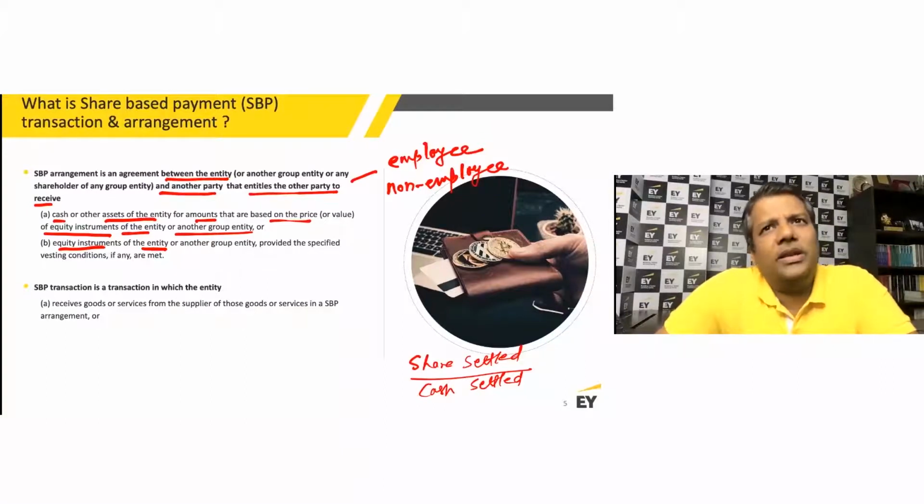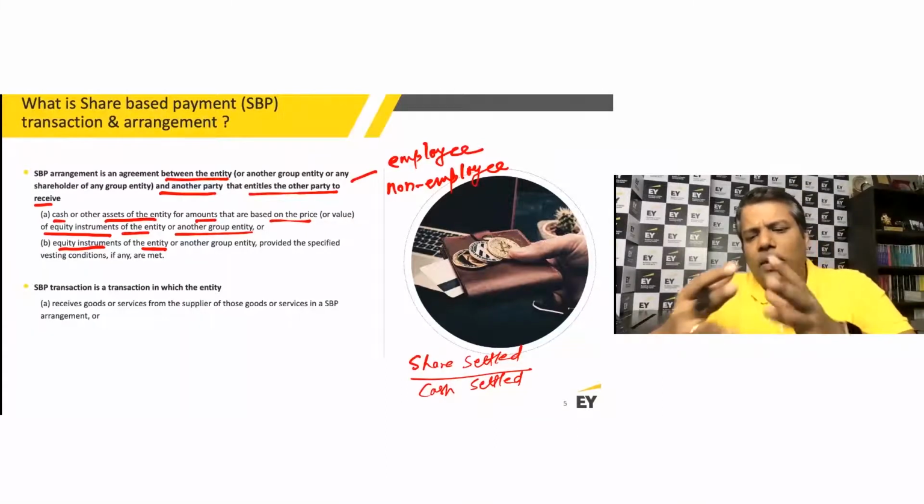Commonly, we also see a lot of companies which give advertisements in newspapers, and they don't have money to pay these media houses. So they normally enter into an arrangement with these media houses that they will issue their shares to these media companies in exchange for advertisement of their services.